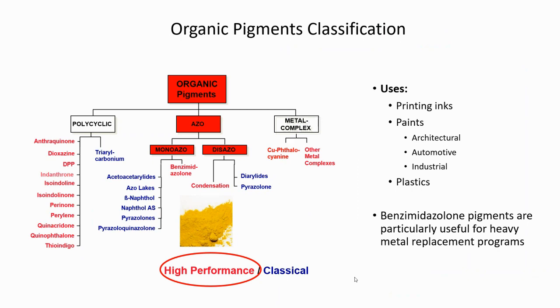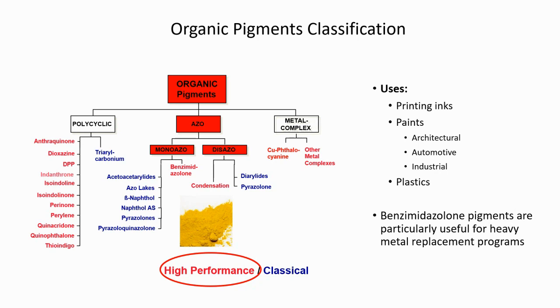Moving on to the high performance azo pigments. In this case, there are two categories that fit this classification: the benzimidazolone and the condensation disazo type of pigments. Again, they are used in all areas of application, but these are very good chemistries for both paints and plastics, bringing in more exterior types of applications.